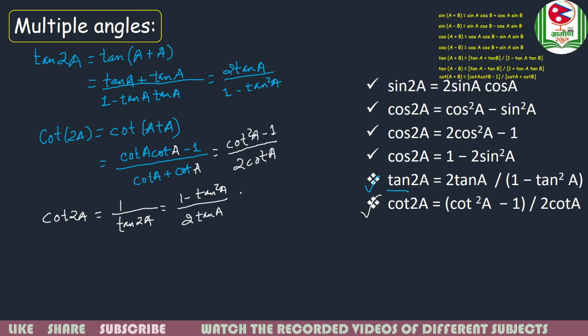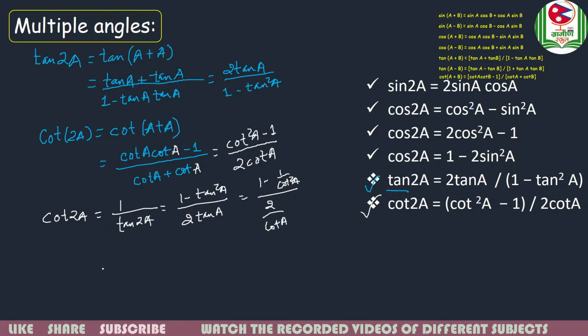And now we have to find this cot 2a in the form of cot. So we will again reciprocal each of these tan, or change the tan in the form of cot. So what we will write? We will write 1 upon cot square a, and then 2 upon cot a.